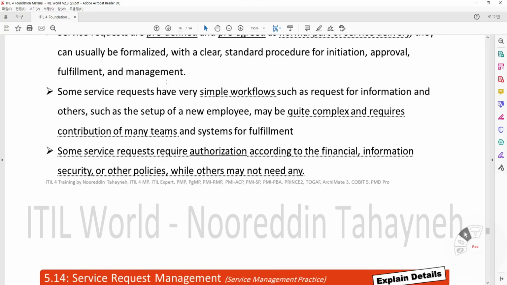Some service requests have simple workflows, such as requests for information, and others, such as the setup of a new employee, may be quite complex and require contribution of many teams and systems for fulfillment. Some service requests require authorization according to financial, information security or other policies, while others may not need any.